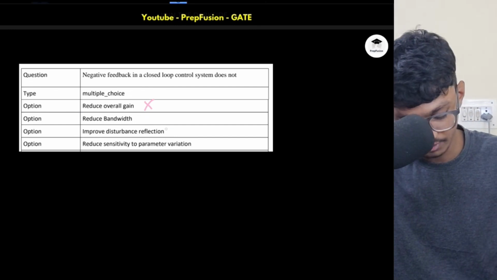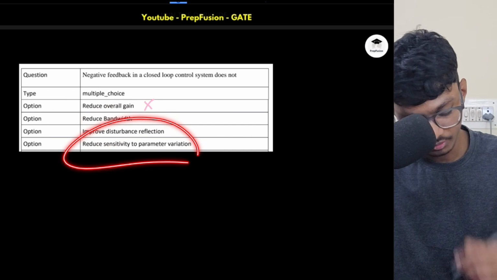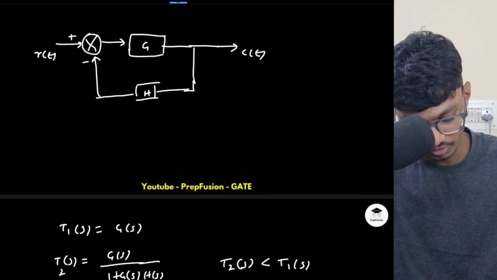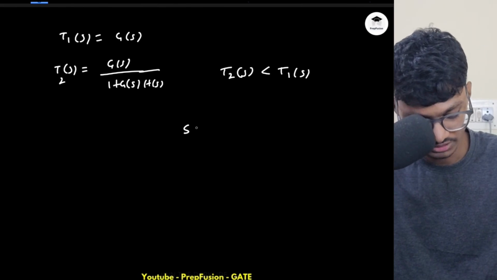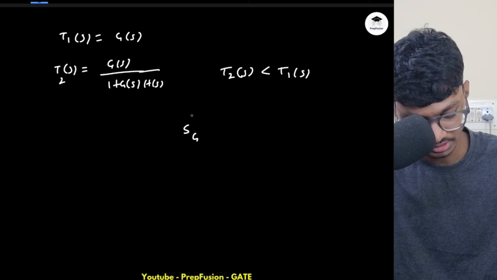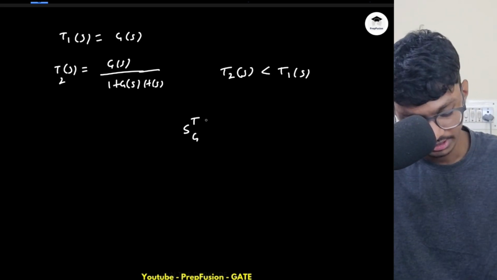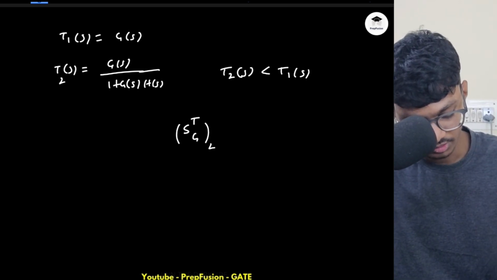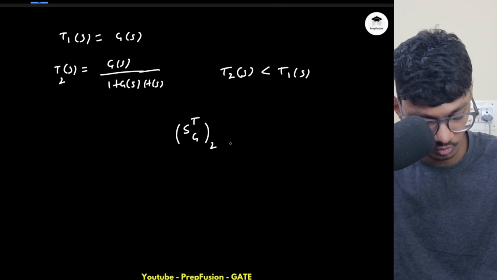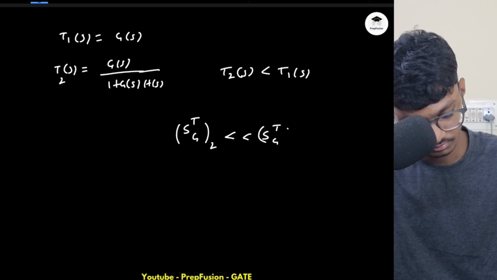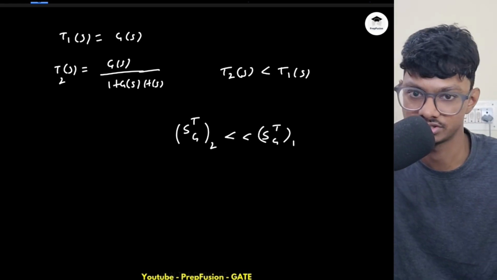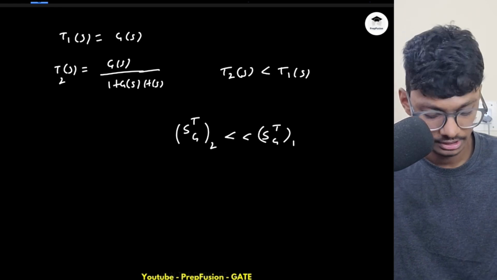It improves the disturbance rejection, and it reduces the sensitivity variation. If you find the sensitivity with respect to the open loop parameter G of the whole transfer function, in case 2 you will see the sensitivity will be much lower than in case 1. You know how to find sensitivity.